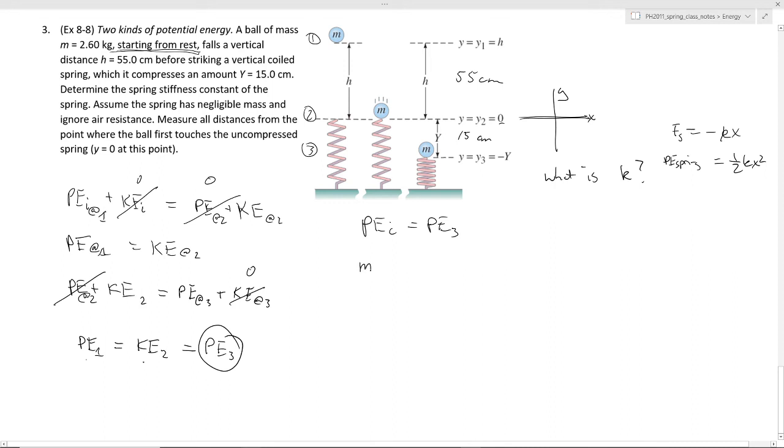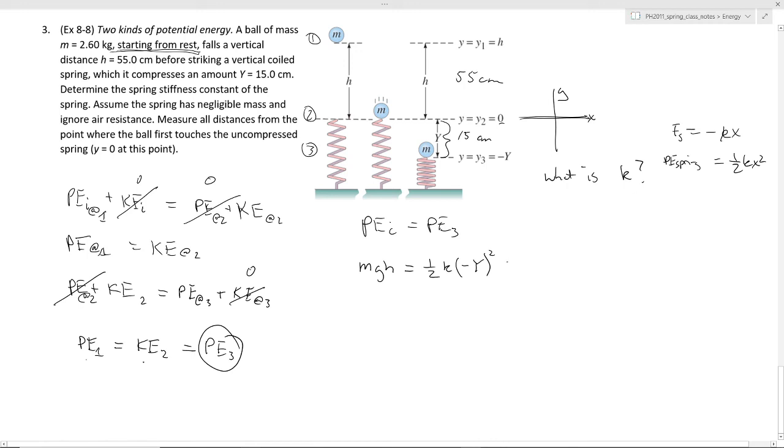We have gravity. We're going to have mgh. That's going to equal the part that's stored by the spring. So 1/2 k, and the x in this case is going to be negative capital Y, squared.